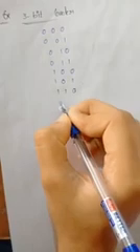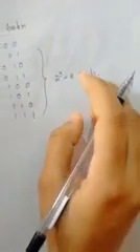The sequence is 000, 001, 010, 011, 100, 101, 110 and 111. So there are a total of 8 counts. So 2 power 3 is equal to 8. The total number of counts is 8.